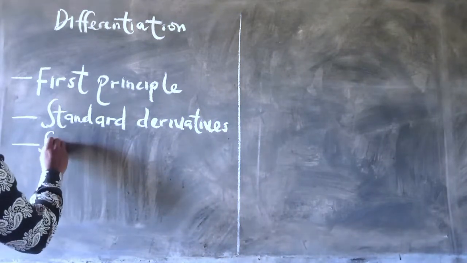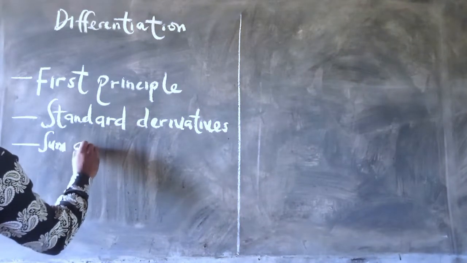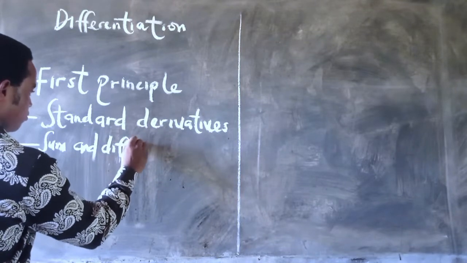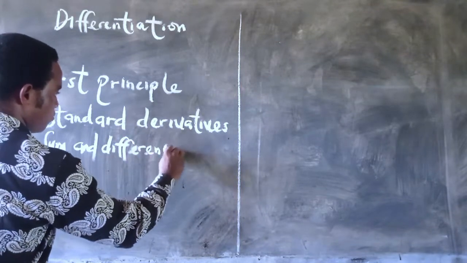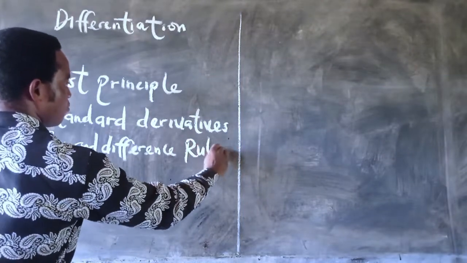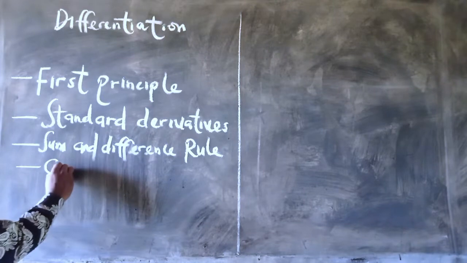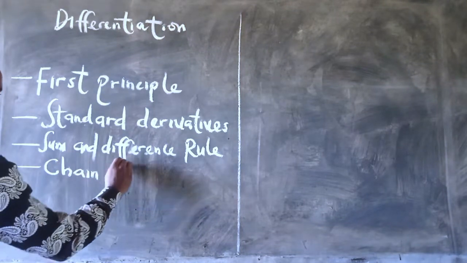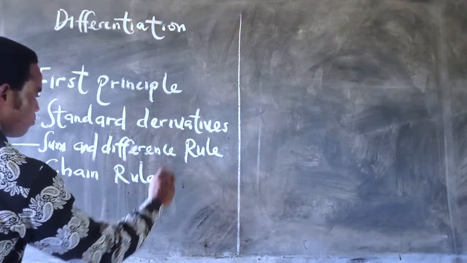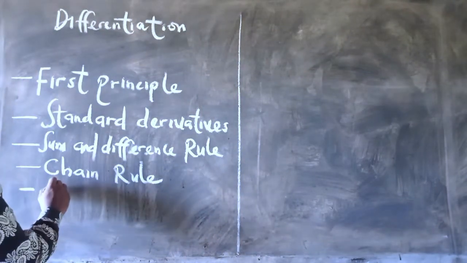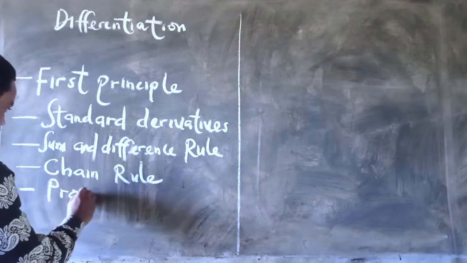We're going to see problems where the first principle applies. Then we will go on and solve some problems where we would apply the standard derivatives in calculating the derivative of a specific function. Then we'll go on and see examples where the sum and difference rule applies.